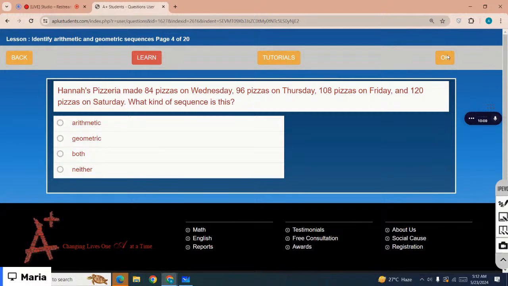Hanna's Pizzeria made 84 pizzas on Wednesday, 96 pizzas on Thursday, 108 pizzas on Friday, and 120 pizzas on Saturday. What kind of sequence is this? So which is the correct option?